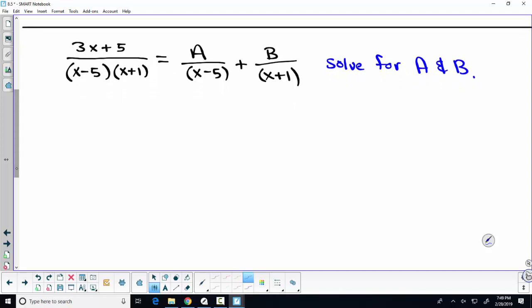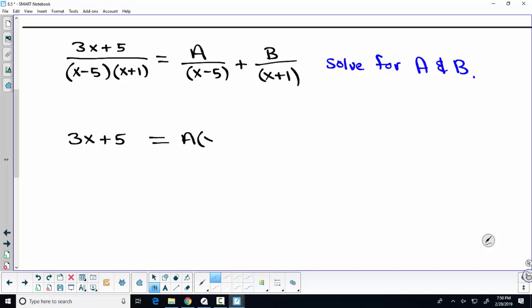We've got an equation involving fractions. So we'll go through this step by step, and I'll mention two ways to solve these. One way doesn't always work, so we want to mention that. But we're multiplying this equation through by x minus 5 times x plus 1 so that we can get rid of the fractions. So we have 3x plus 5 equals what?